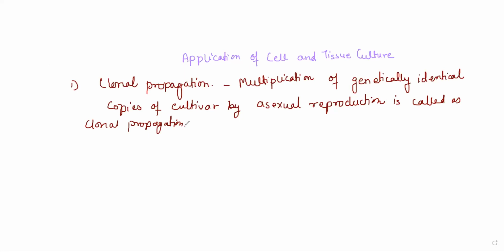So when a population is derived from a single individual by asexual reproduction, it constitutes a clone. So here the concept of clone is also coming. So what is a clone? When a population is derived from a single individual by the asexual reproduction, that will constitute a clone.